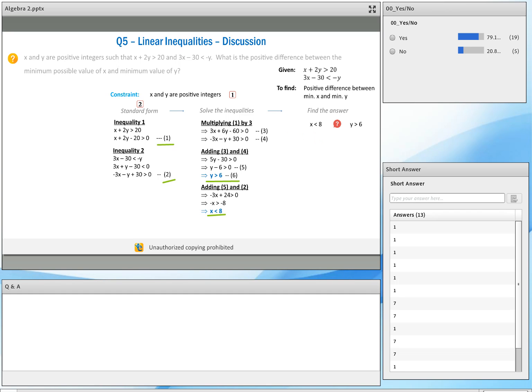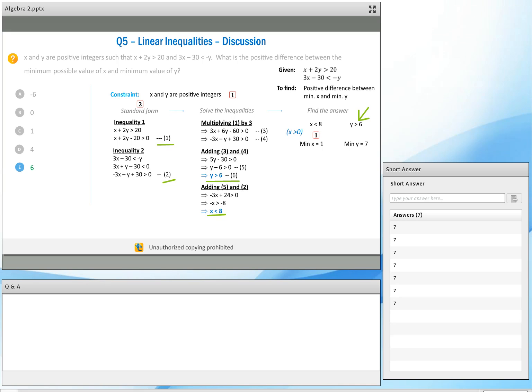Likewise, if y is greater than 6, then what is the minimum value of y? It is 7. So minimum value of x is 1, minimum value of y is 7. 7 minus 1 is 6. The answer is 6. So the correct answer here is choice E.